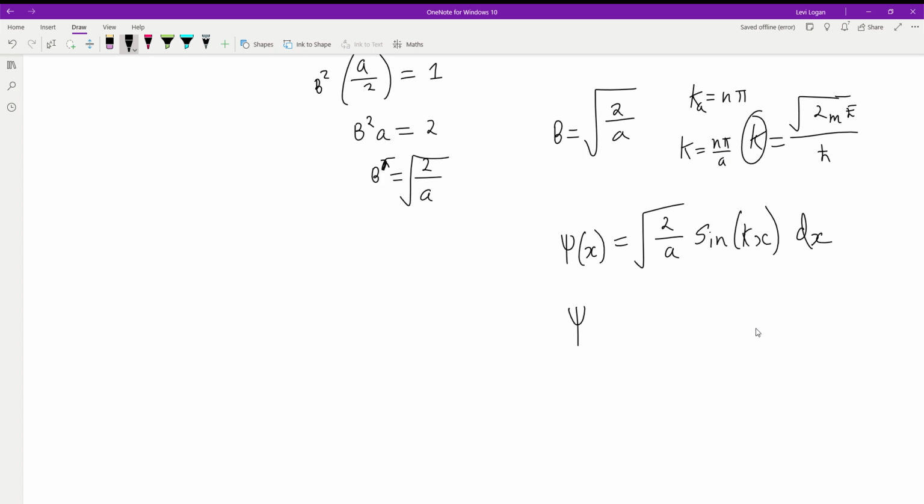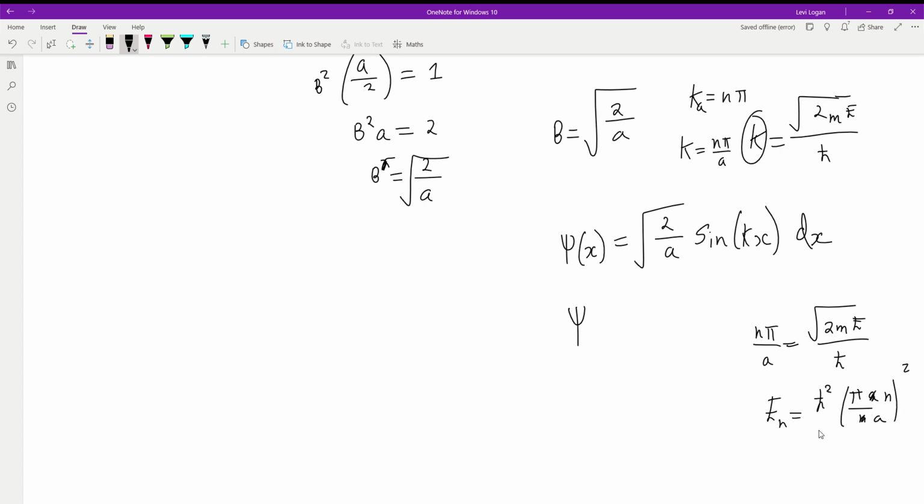So effectively we have n pi over a is equal to the square root of 2me over h bar. And if you wanted to rearrange that for the energy, you could get the energy of n is going to be h bar all squared times pi over a. Oh, whoops, that's the other way around. Let's go n over a all squared.